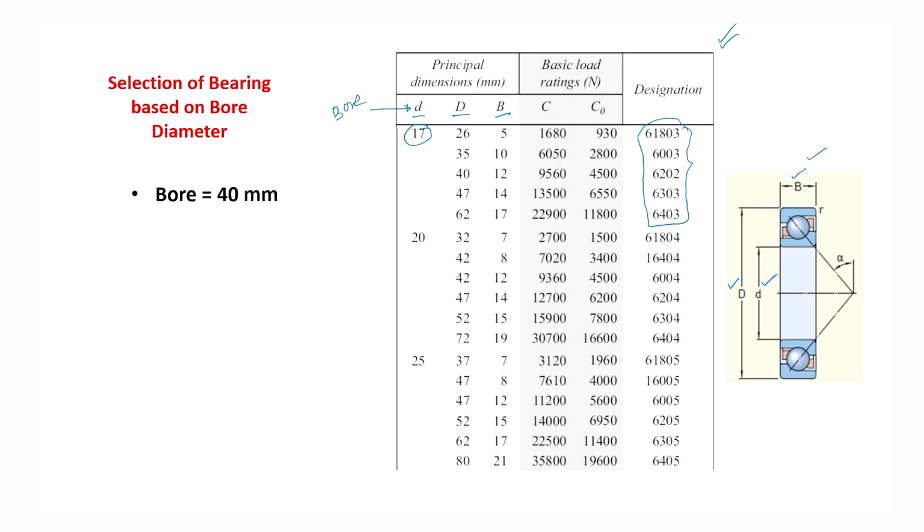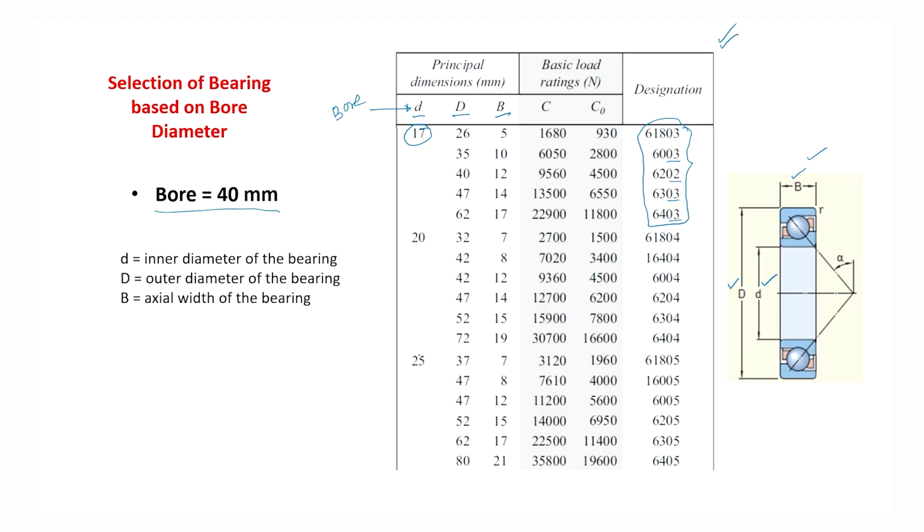6 represents the deep groove ball bearing, and the width and diameter series are 00, 02, 03, 04. This all corresponds to the bore of the bearing. In our case, bore is 40 mm, and in this table there is 17, 20, 25.